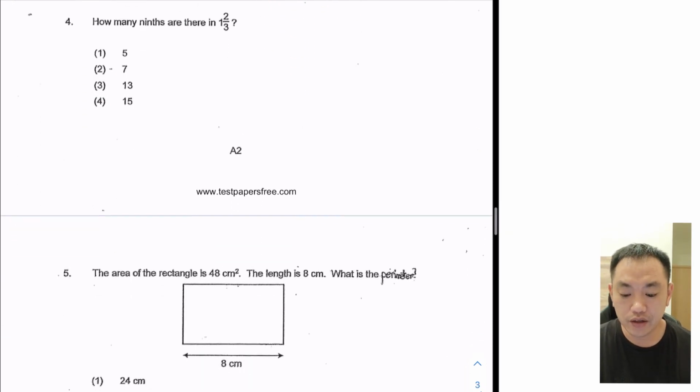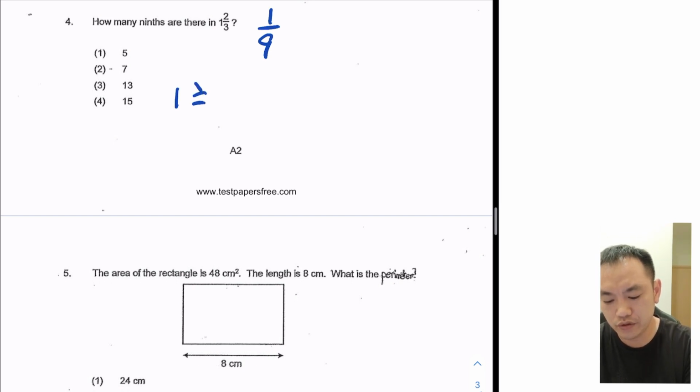How many ninths are there in 1 and 2/3? Ninth means 1/9. How many ninths are there in 1 and 2/3? Basically, you need to convert 1 and 2/3 into a fraction which has a 9 at the bottom, so you can see how many of it there are. You take 1 and 2/3 and make it into an improper fraction.